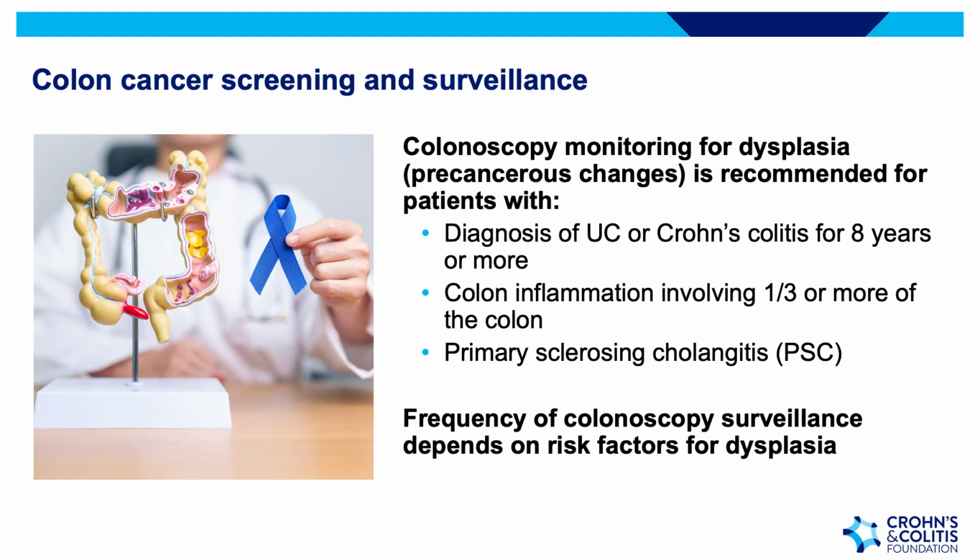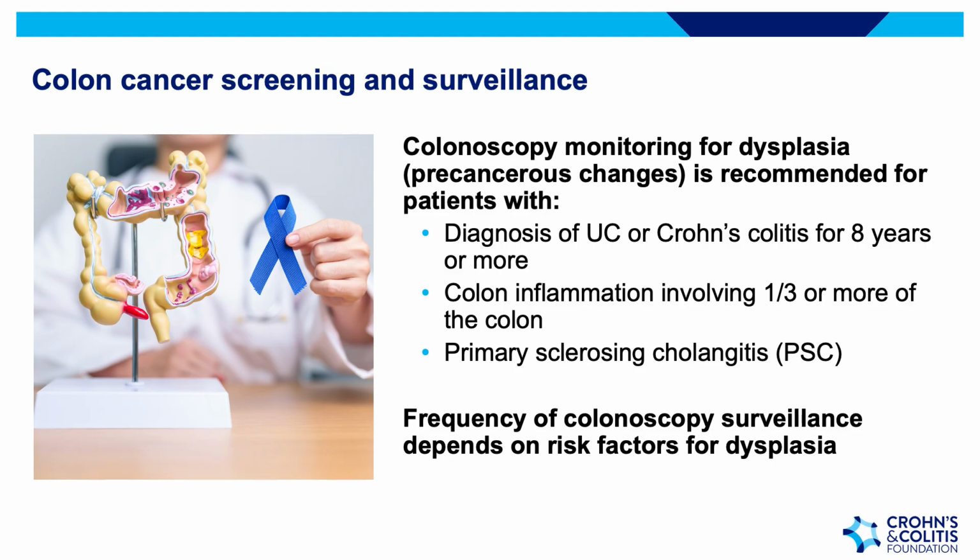Another important part of endoscopy is colon cancer screening and surveillance. So, patients with involvement of the colon with the inflammation greater than a third of the colon have an increased risk of colon cancer in their lifetime if there is ongoing active inflammation.